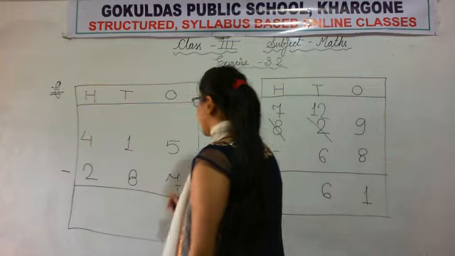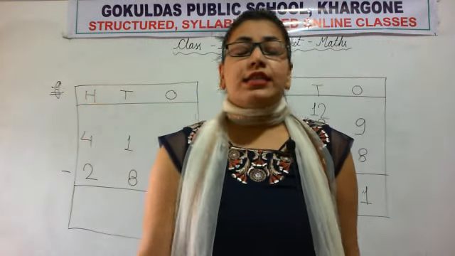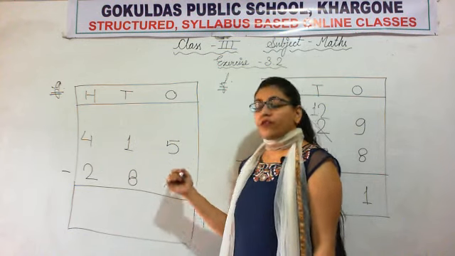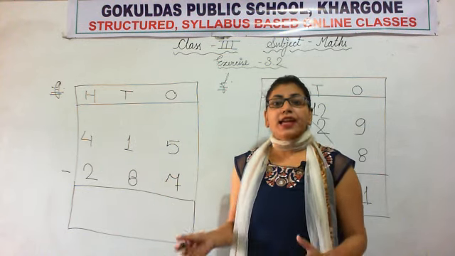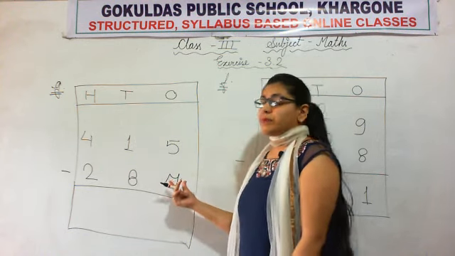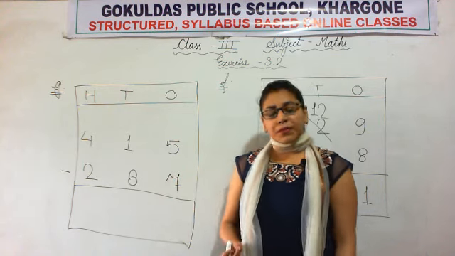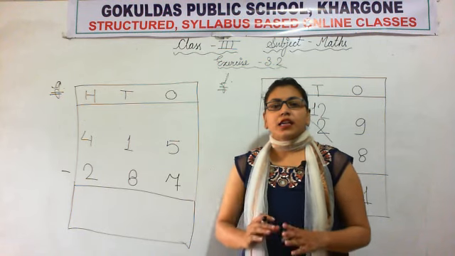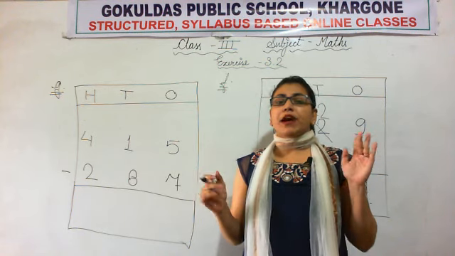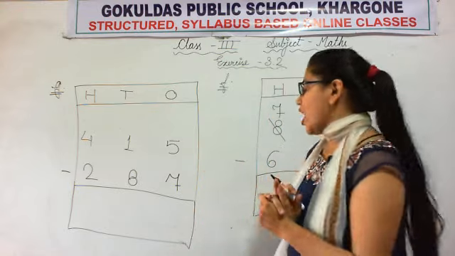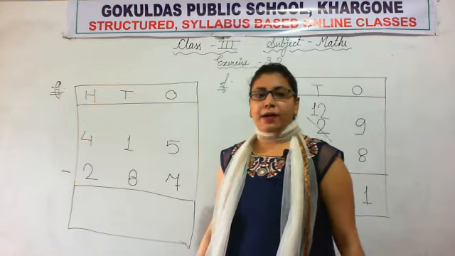5 minus 7. Now can we remove 7 from the 5? No. Why? Because 7 is the bigger number and we always subtract the smaller number from the bigger number, but here 7 is the bigger number and 5 is the smaller number. So now we have to take borrow.